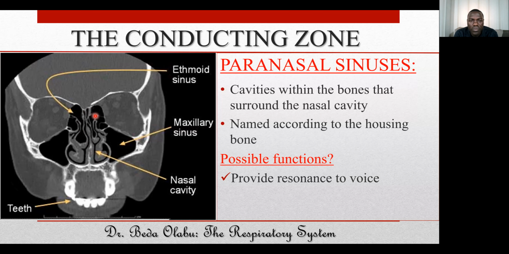You can try, or maybe you've compared before, how your voice comes out when you have a cold and when you don't. Or you can try talking with your nose blocked versus not blocked and compare the difference in your voice projection. So the paranasal sinuses help to provide that clarity in your voice. We believe so.